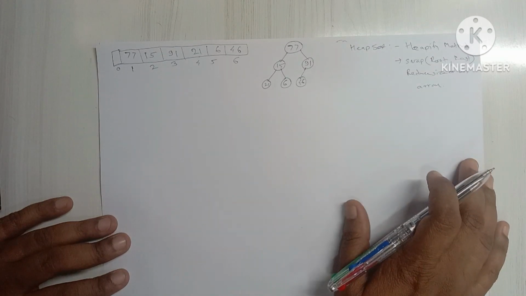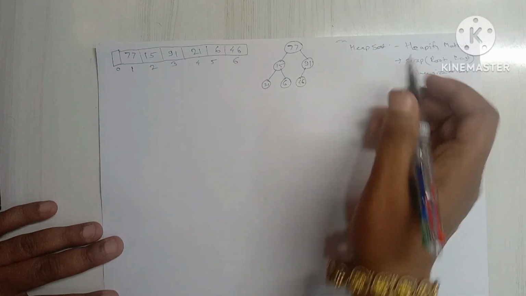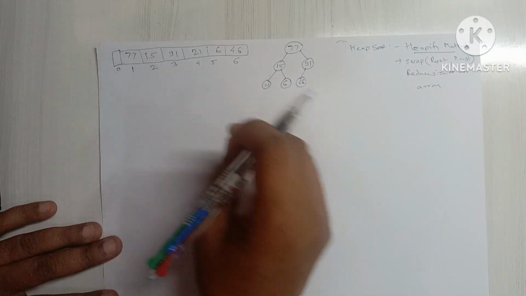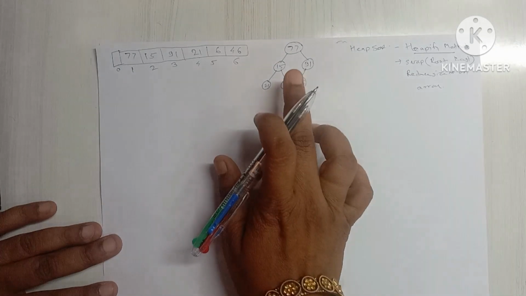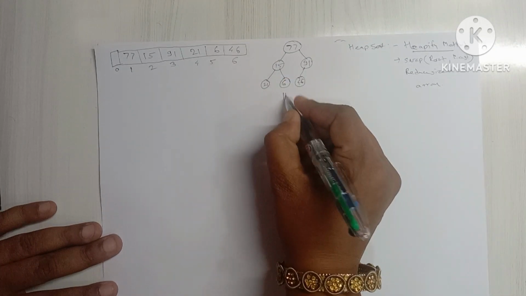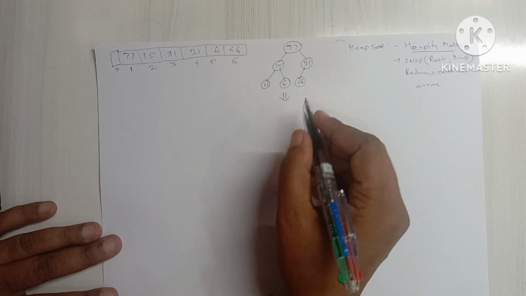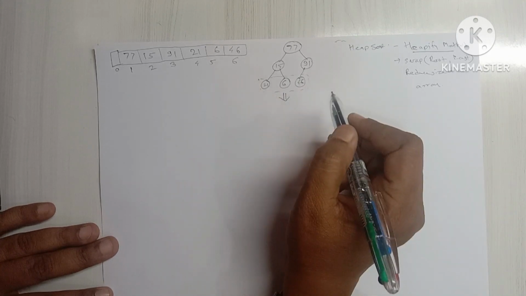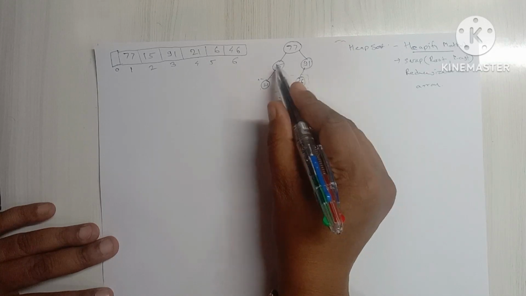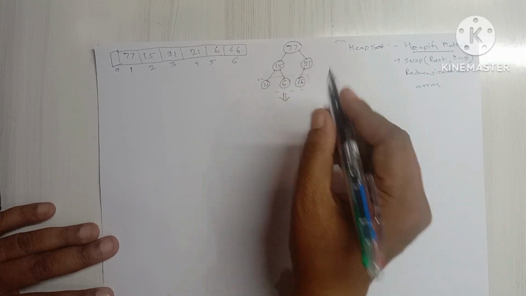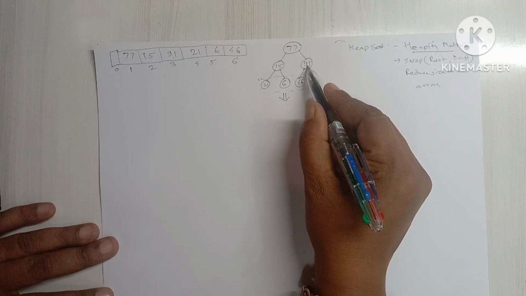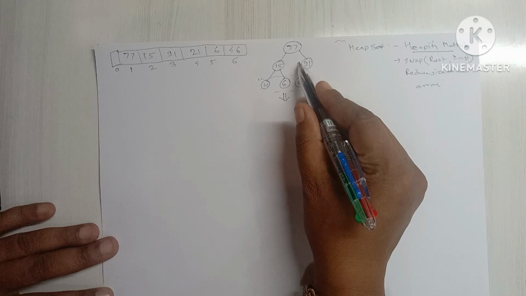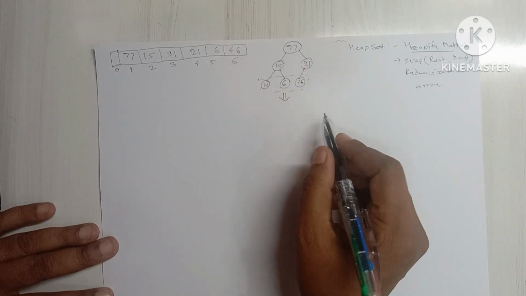Now firstly we need to apply the heapify method on this and find the max heap. We need to reject the leaf elements and consider only the non-leaf nodes. Find out whether the parent node is greater than its children. Yes, the parent node is greater than its children, so for this 91, no need to process anything.